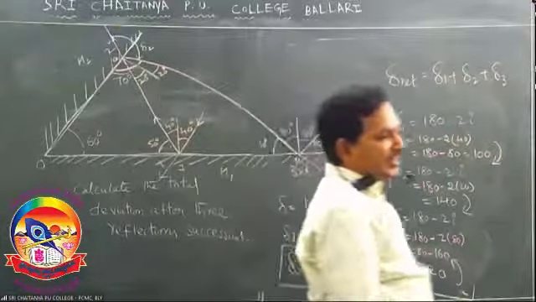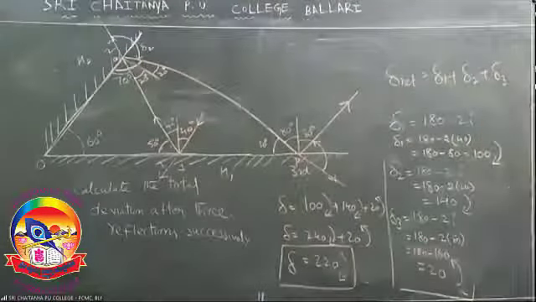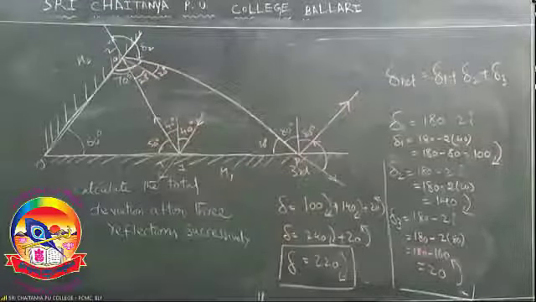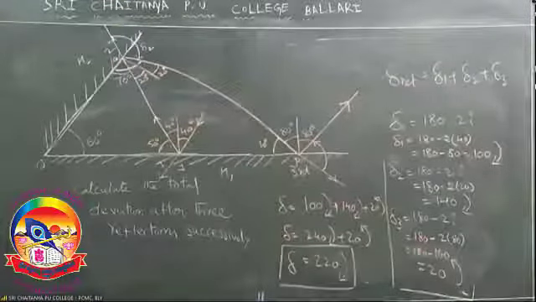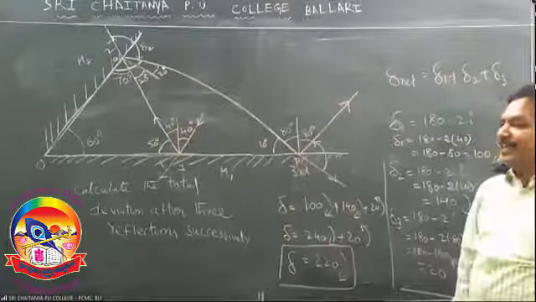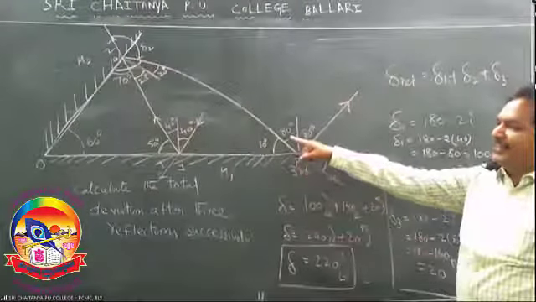This is a problem on three successive reflections. If we know simple geometry, we can easily calculate the total deviation. Sometimes they will ask, what is the angle made by the incident ray at the third reflection? 80 degrees.